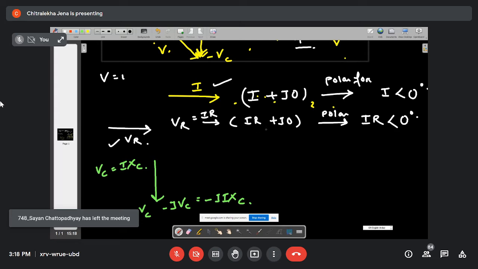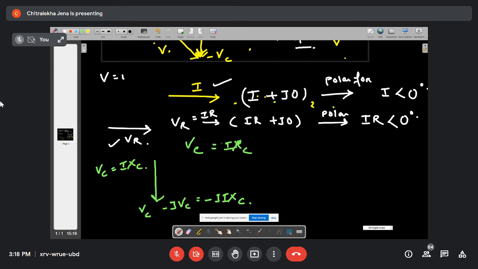Got it? Okay. All of you got it, or is there any doubt? Understood, all of you? Yes or no? Yes, ma'am. Okay. So here VC is equal to I into XC. So this will be equal to how much? J I XC, because that vector is rotated 270 degree from its reference axis.